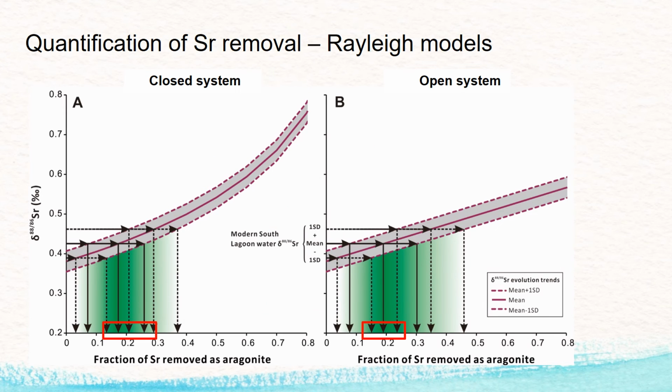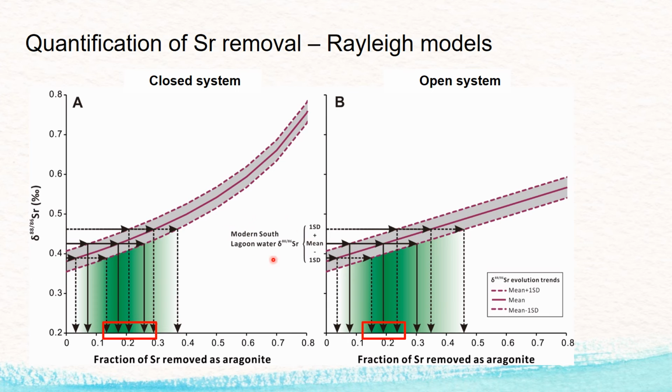To quantify such strontium removal in the South Lagoon, I used the Rayleigh models of stable strontium isotopes in closed and open systems. So I used the paleo South Lagoon water's signature as the starting point, as well as its plus and minus 1 SD. And these trends depict the evolution of stable strontium in the water as the carbonate is being removed.